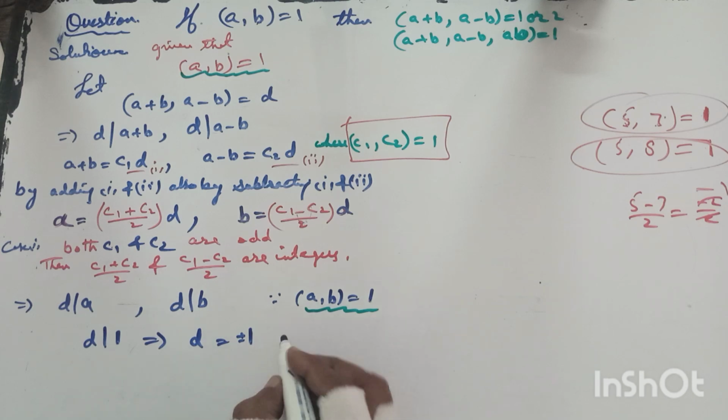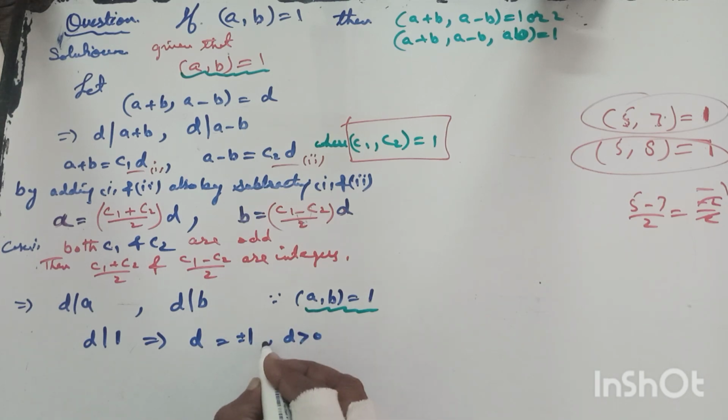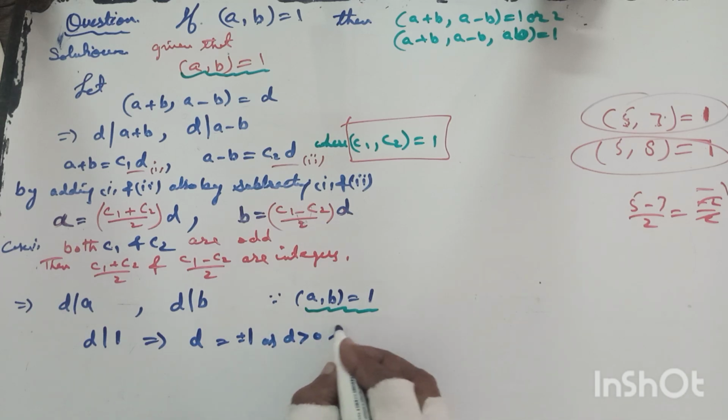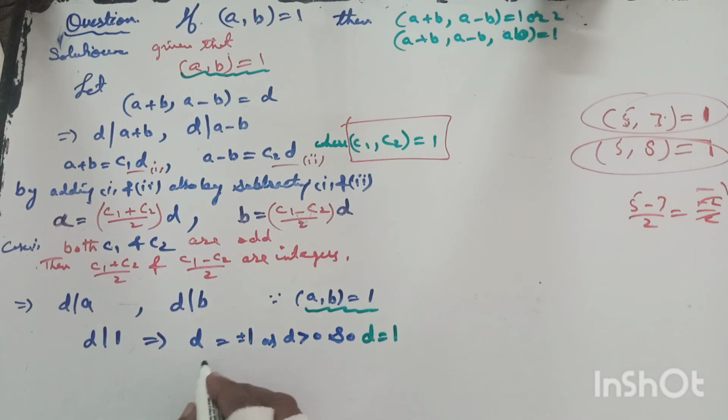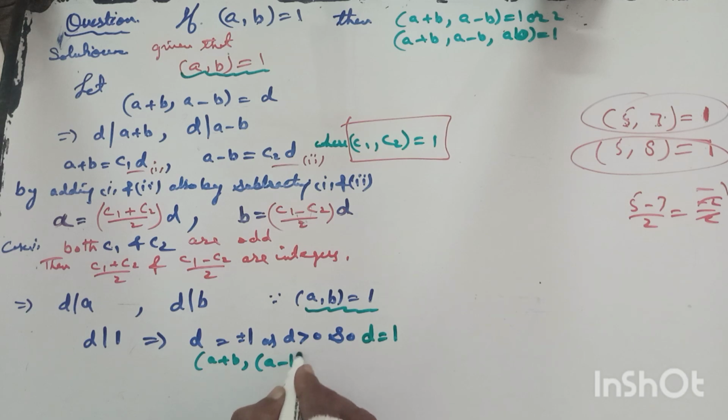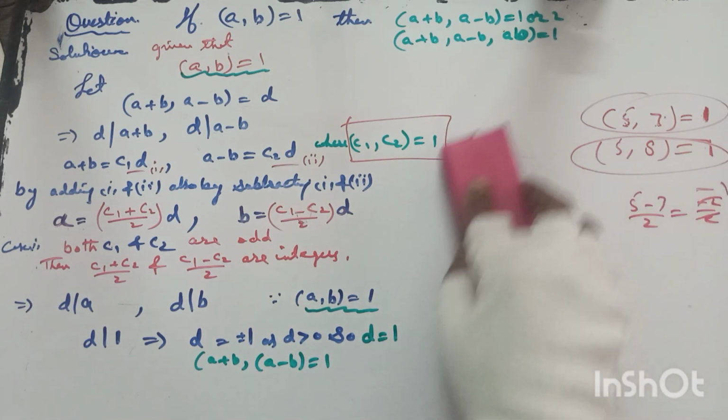So D is plus 1, and as D is greater than 0, D is equal to 1. Put the value of D here, A plus B and A minus B is equal to 1. We get one answer here.